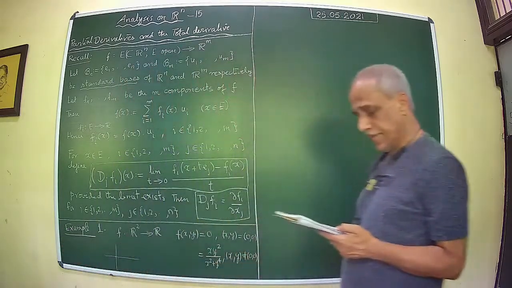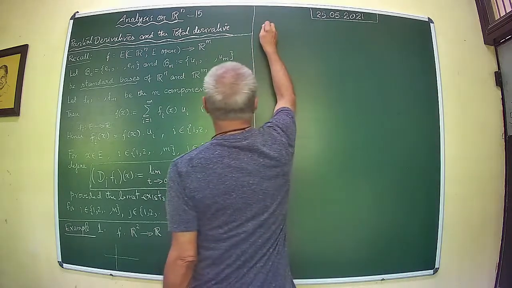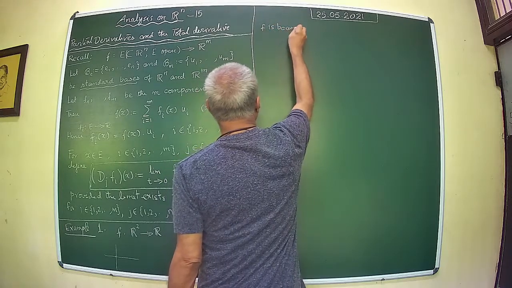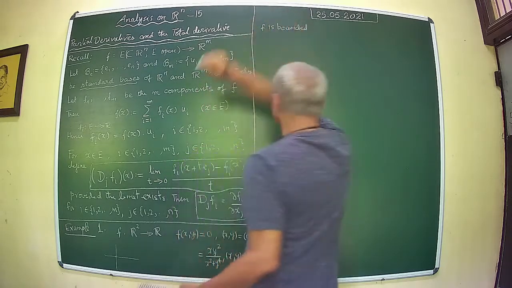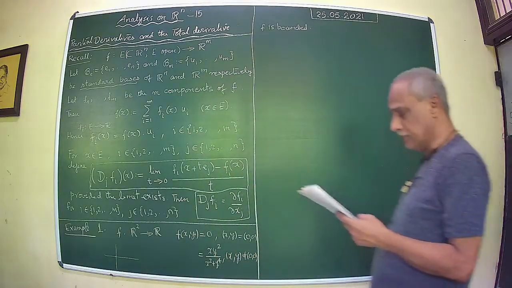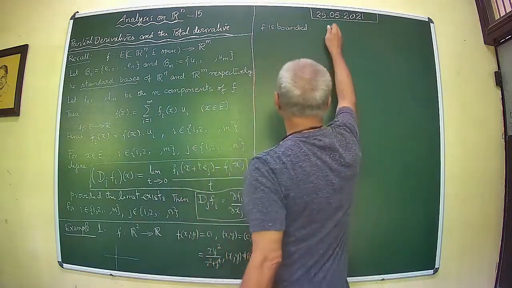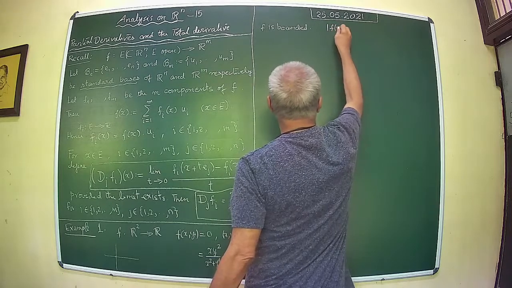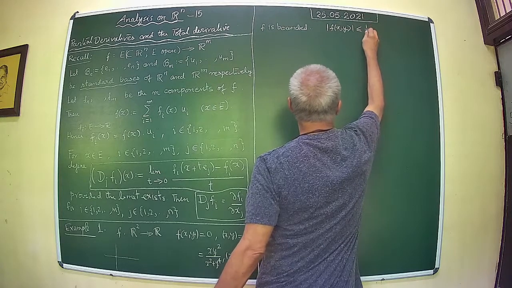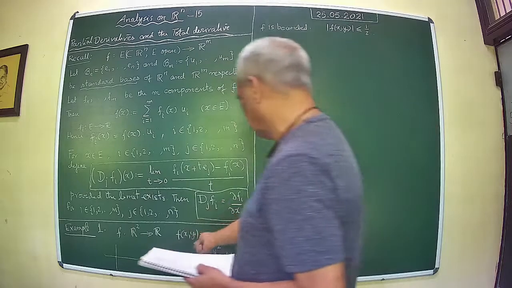What is the nature of this function? First of all, one can show that f is bounded. That's not difficult to see, because you can show that |f(x,y)| is bounded by half. That's very simple to work with.